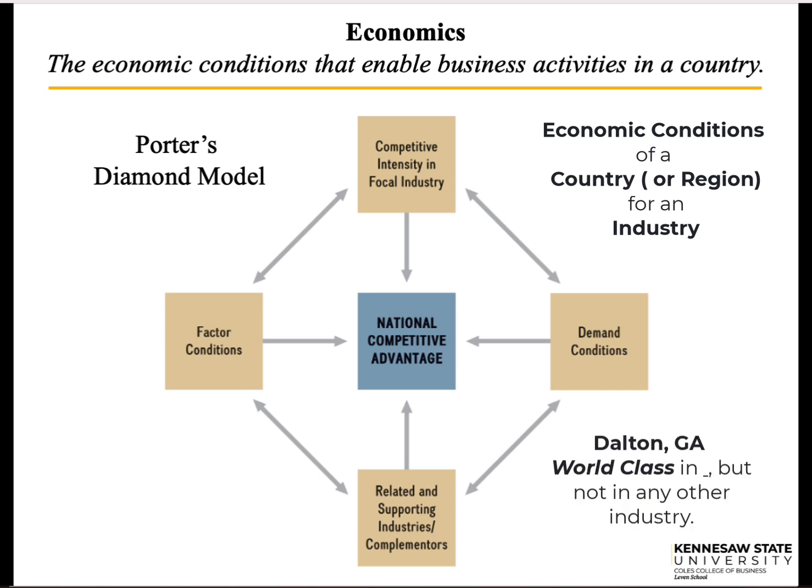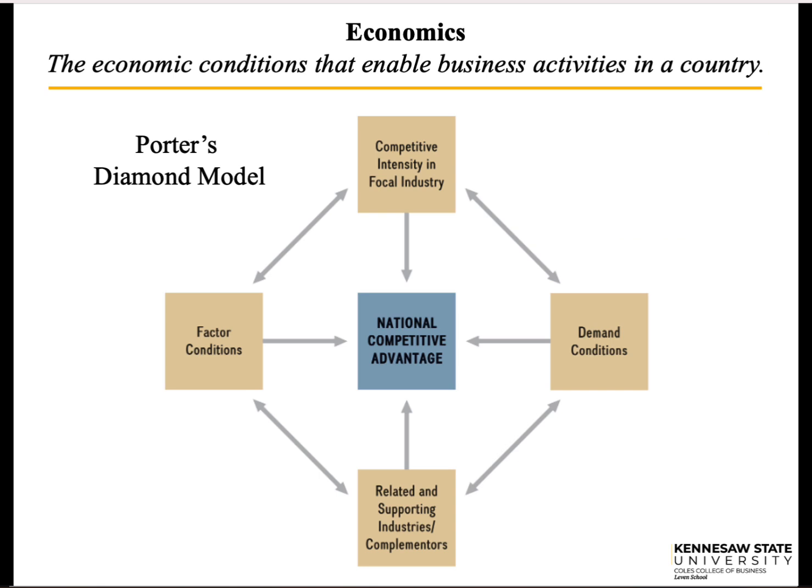For example, Dalton, Georgia has become known as the carpet capital of the world because of major manufacturers located there, like Mohawk and Shaw, but it is not a center of excellence for any other industry. Just carpet. So the diamond model for Dalton would be very different for something like technology or banking than it is for carpet. So the diamond describes how a country or region is set up for success in a particular industry.